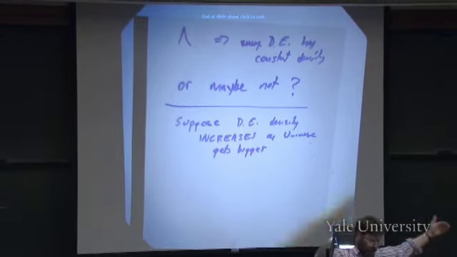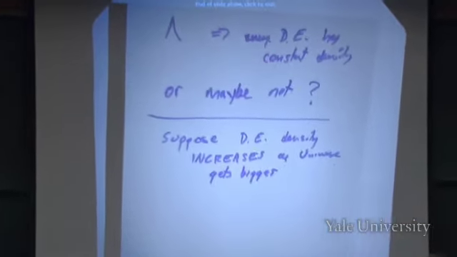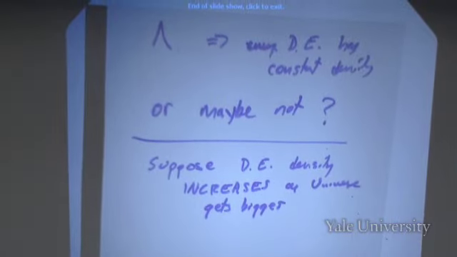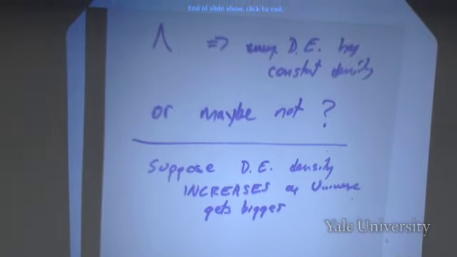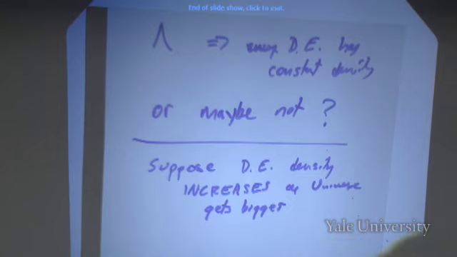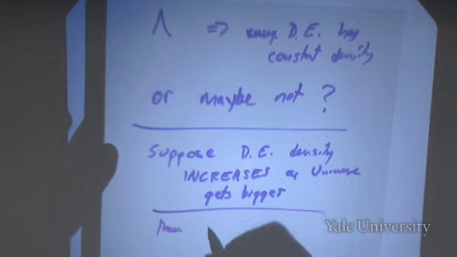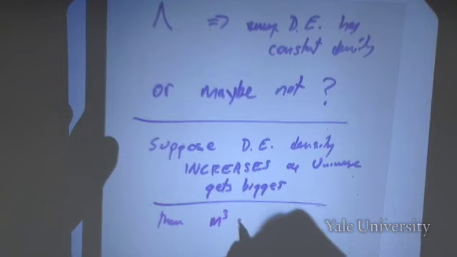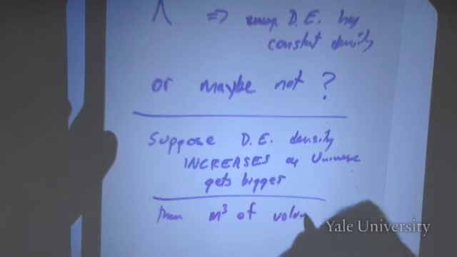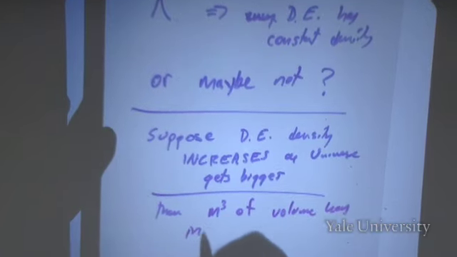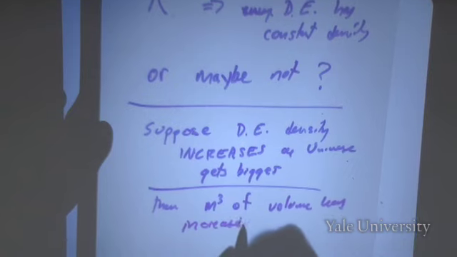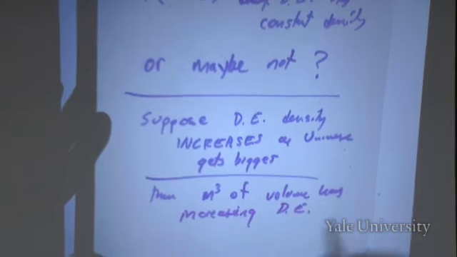And so the universe gets bigger and bigger. The density of the matter is going down because you have the same amount of matter in a bigger space. But supposing we invent some kind of dark energy where the density actually gets bigger as the universe increases in size, then a cubic meter of volume has increasing dark energy as time goes along.